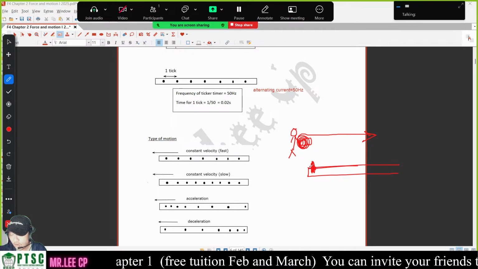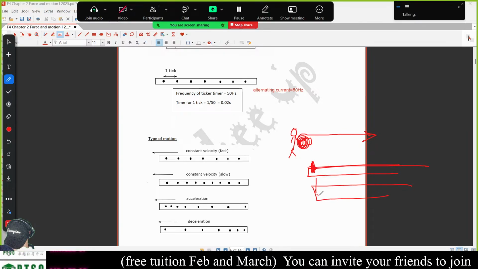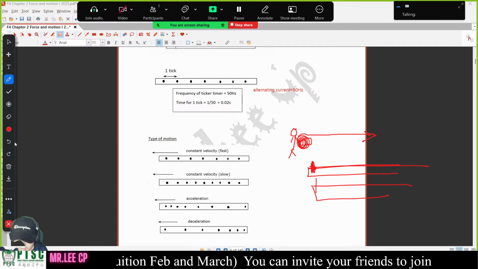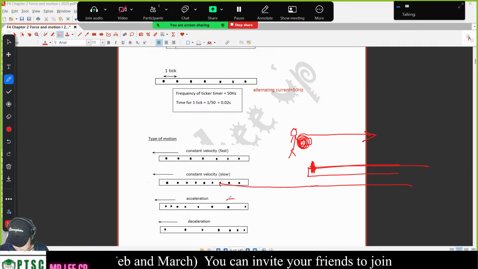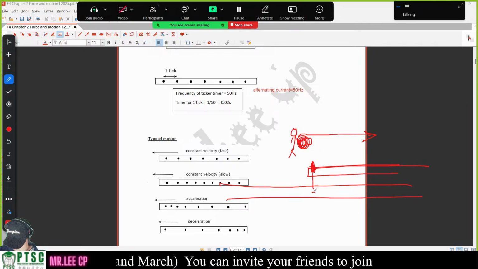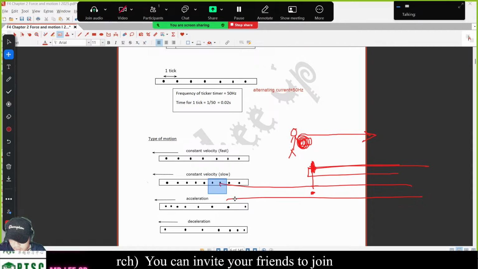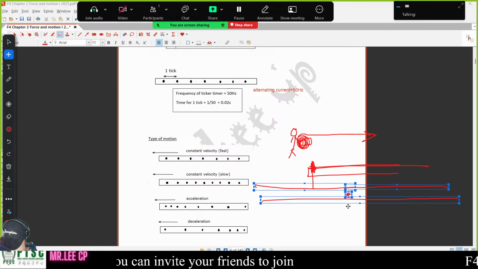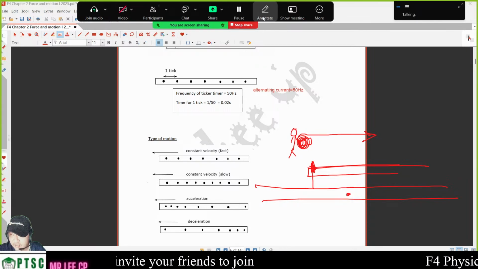So when you start to pull, this thing is going to move. I tick here, so this one gets a dot. Okay, dot here. Because you are pulling this piece of paper away, in the next 0.02 second I'm going to tick again.